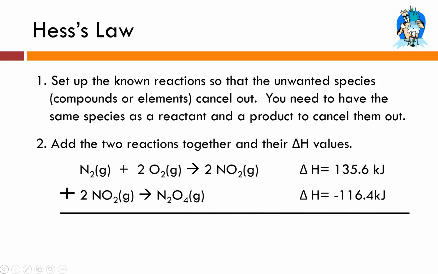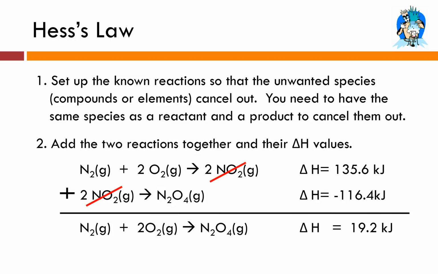If I look at my goal equation, I know that it's this NO2 term that I don't want to stick around. I've got to get it to cancel out, so I put it on the reactant side and on the product side. They cancel. I can add up the remaining reactions and calculate the delta H value.